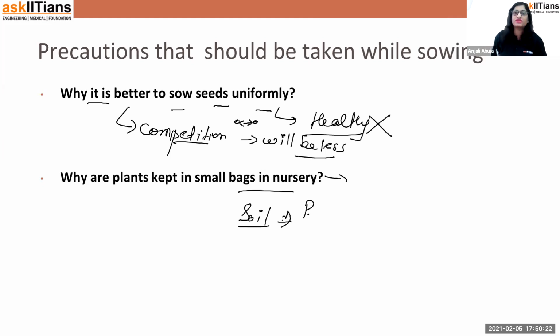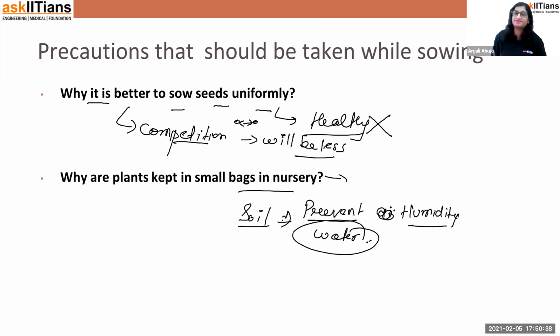So it, you may say, prevents humidity. Sorry, I should not write the word humidity. It prevents water loss. That should be a proper word to use. So it prevents water loss from the soil.